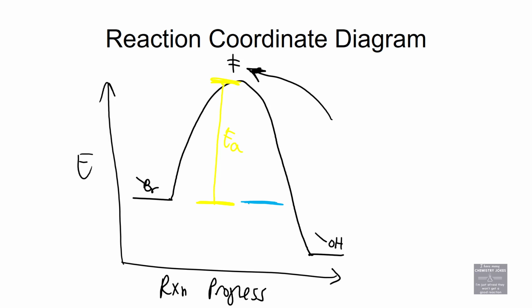My delta G, if this is a G plot, or my delta H, if this is an H plot, that's the products minus the reactants, the difference in energy in those two shelves. SN2 has a pretty nice little reaction coordinate because there aren't any intermediates formed in any SN2. Okay, cool.